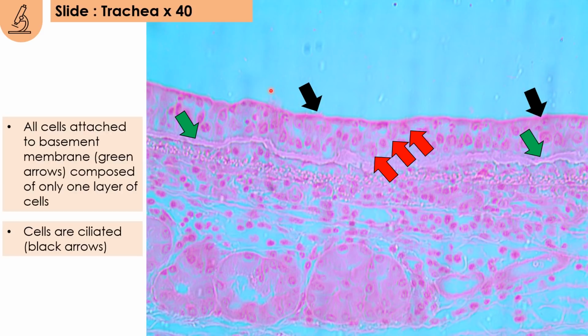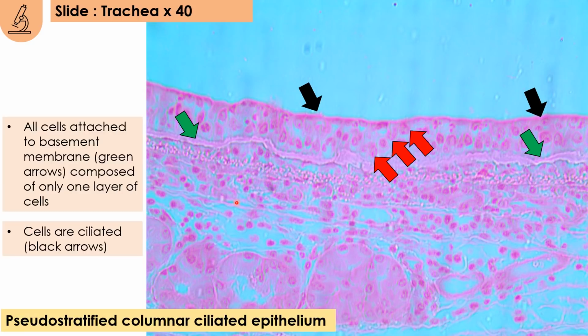With this preparation, which I think is not a good one, you can't really appreciate the hairy-like structure of the cilia. So what type of epithelium is this? It's a pseudostratified columnar ciliated epithelium. Pseudo means it's not the true one, not truly stratified, not a true multiple layer. So we call it pseudostratified columnar ciliated epithelium.